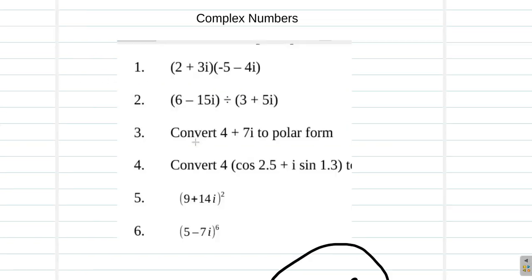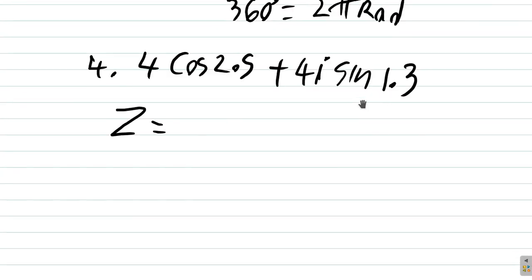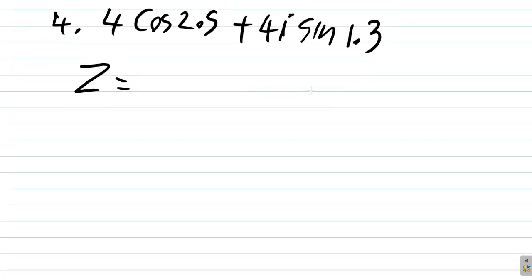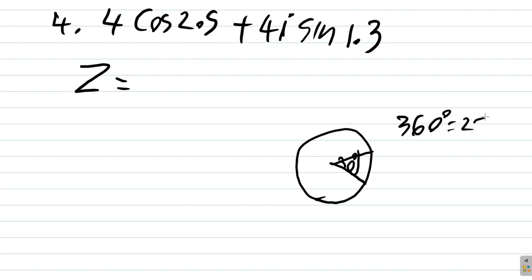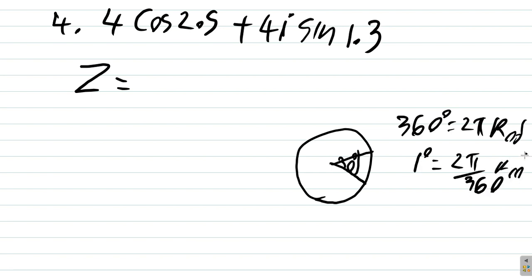For example, suppose you consider an angle of, say, 30 degrees. 30 degrees is how many radians? Well, we know 360 degrees is 2 pi radians. If you divide both sides by 360, you get 1 degree is equal to 2 pi over 360 radians.